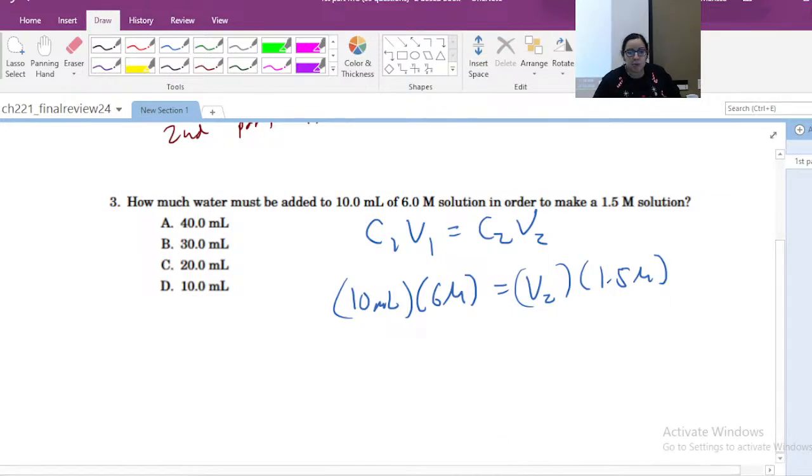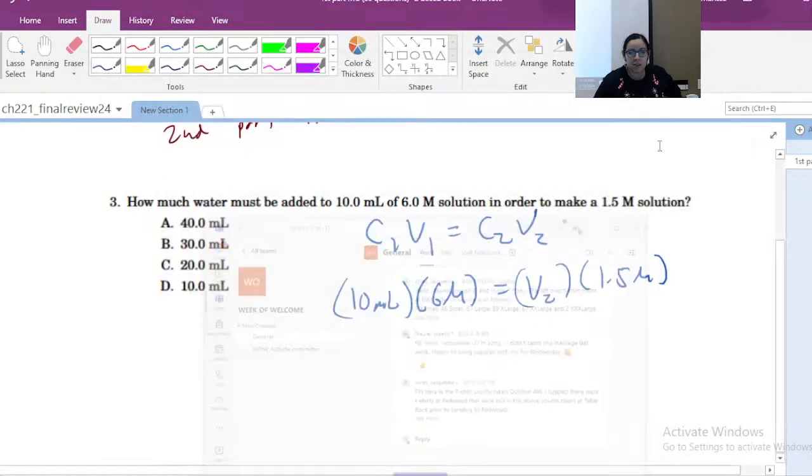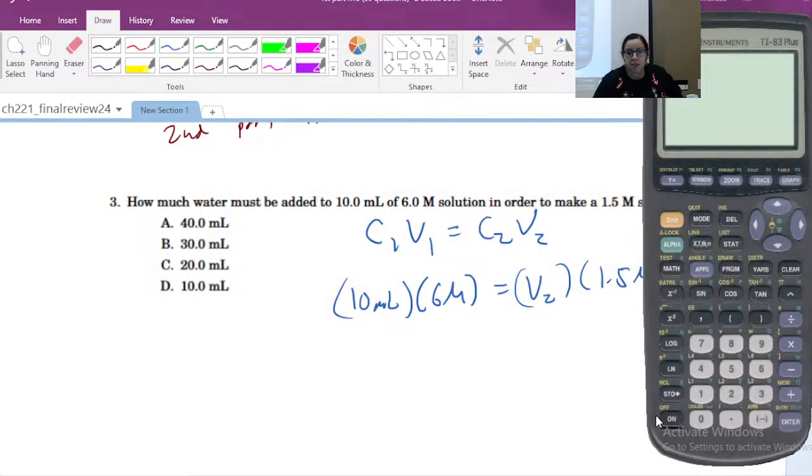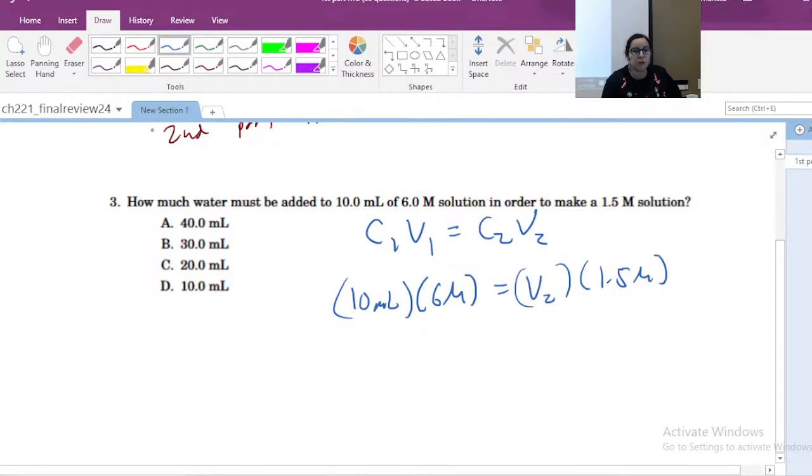Most people punched this into their calculator, so 10 times 6 divided by 1.5, and you got 40, and most people circled 40, except what did the question say? It said how much water must be added to 10 mils. So you have 10 mils and then you're going to add water to it to give it a final volume.